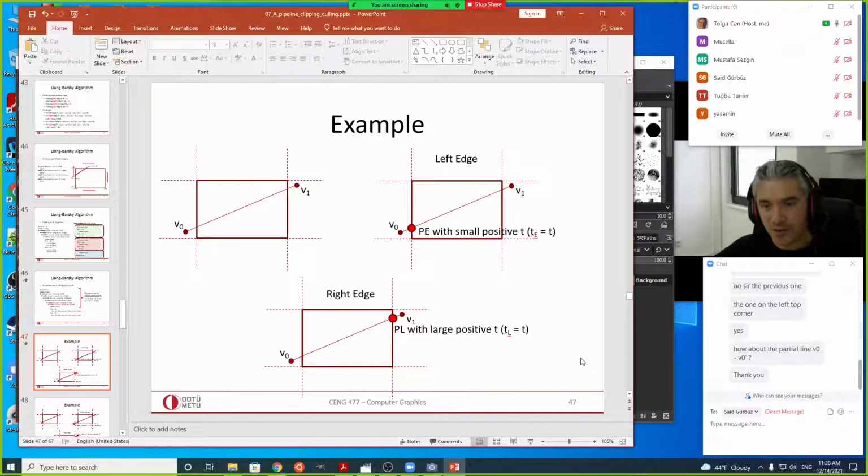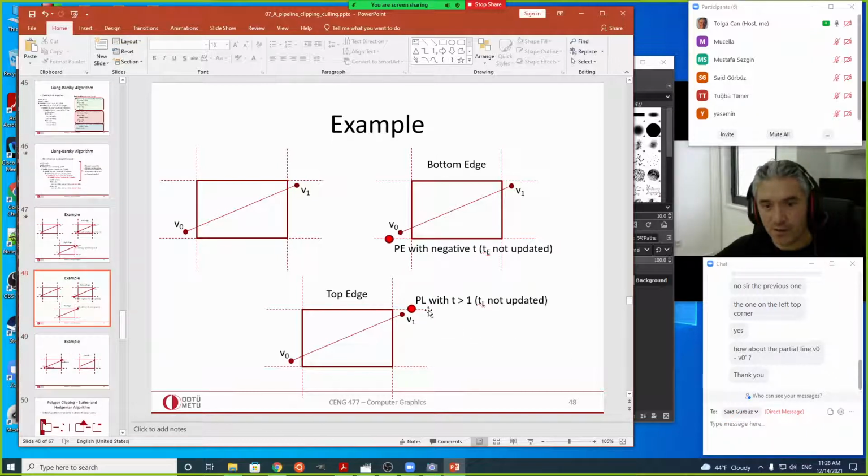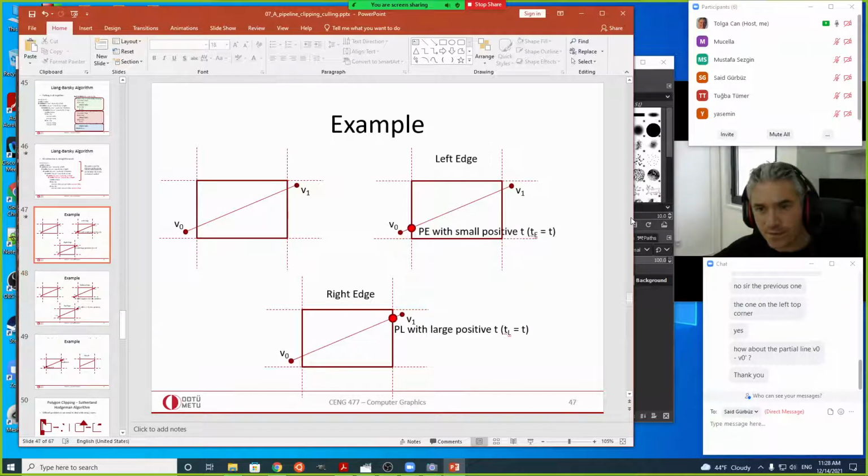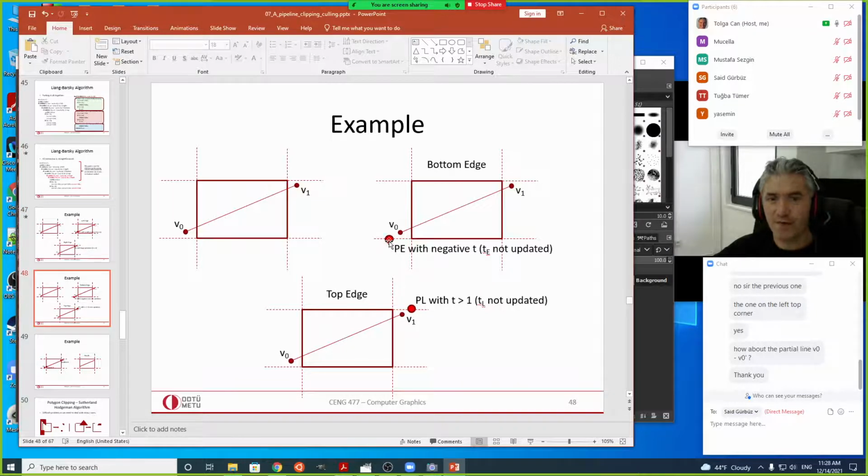So this becomes the new point. If we do it for the bottom edge, for example, it's not updated. T is smaller. Again, it's potentially entering the bottom, but it's not updated because it's a small number.